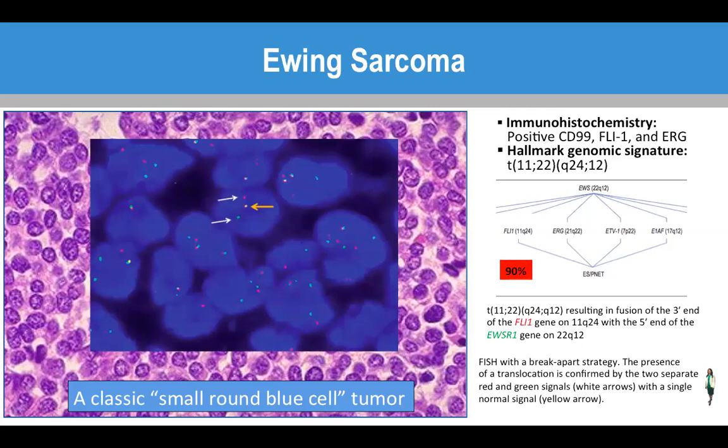So this is a break-apart strategy. The presence of a translocation is confirmed by the two separate signals. With a single signal, it's orange because red and green together is yellow-orange. When they break apart, they become the independent red and green signals.